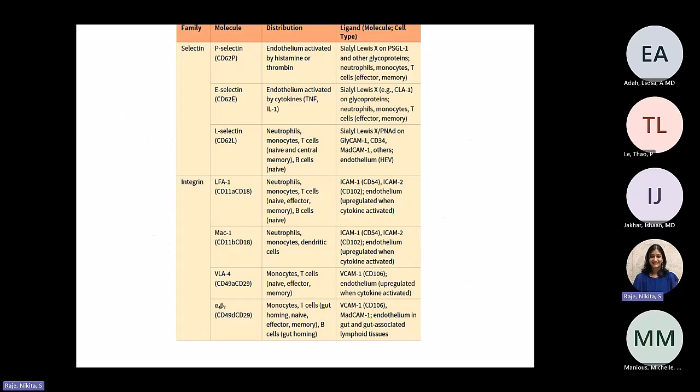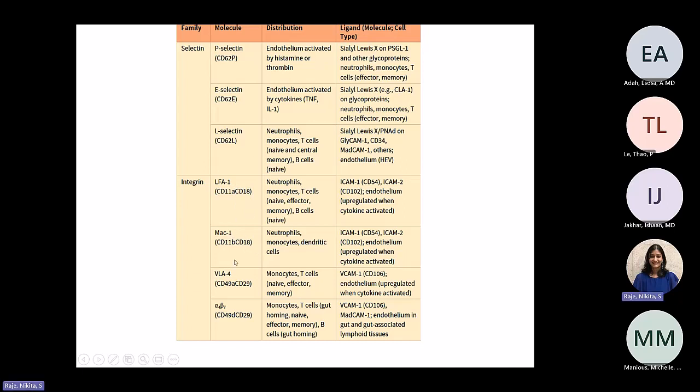So the second half of the table here, integrins, there are again various integrins like LFA-1, MAC-1, VLA-4, alpha 4 beta 7. And if you see, there are two chains. So the alpha chain and the beta chain. So the alpha chain is CD11A, CD11B, there is CD11C, and they can interact with the beta integrin chain called CD18. So that's your LFA-1 or MAC-1.